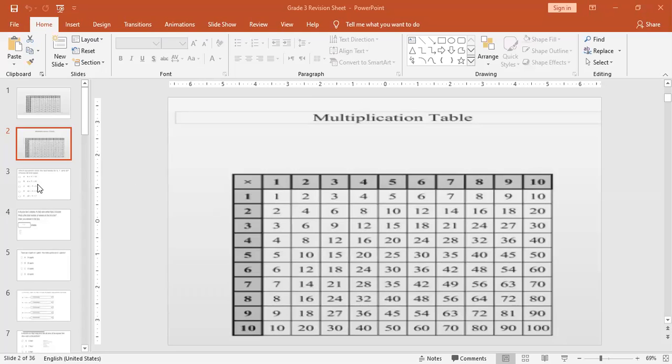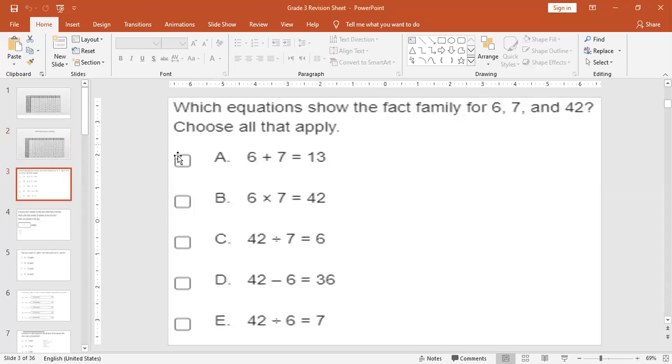The second slide: which equations show the fact family for 6, 7, and 42? Choose all that apply. So what can I do here? I have 6, 7, 42. I know that the fact family connects three numbers by addition or subtraction or multiplication.